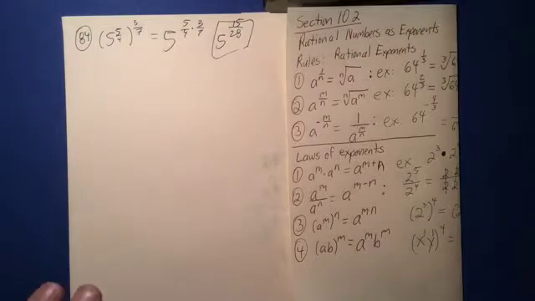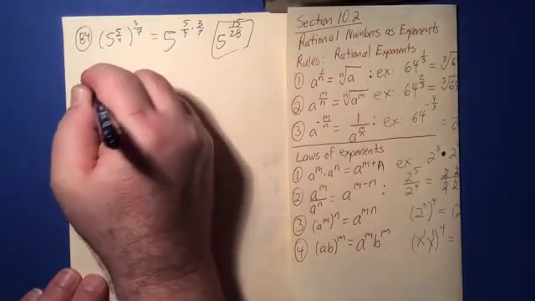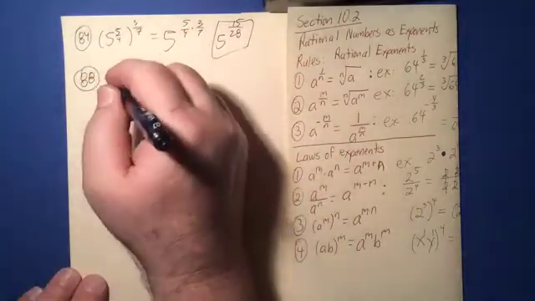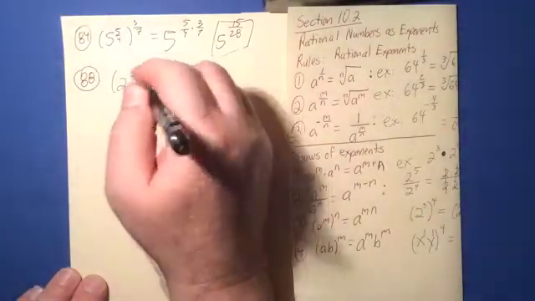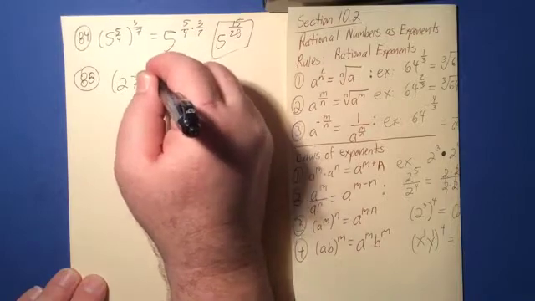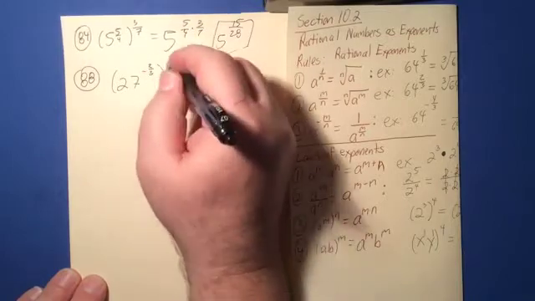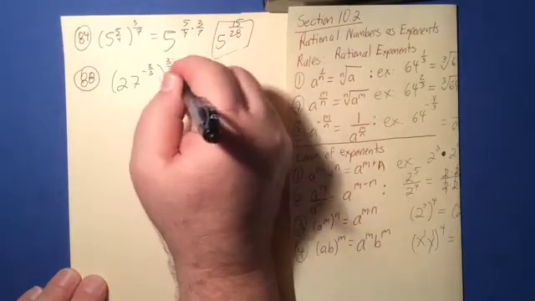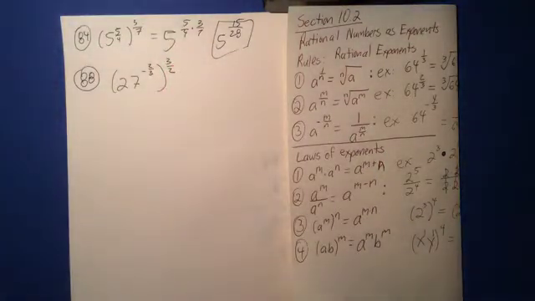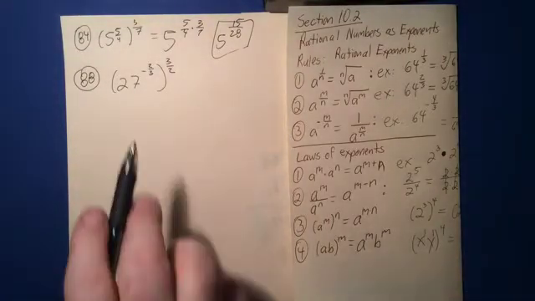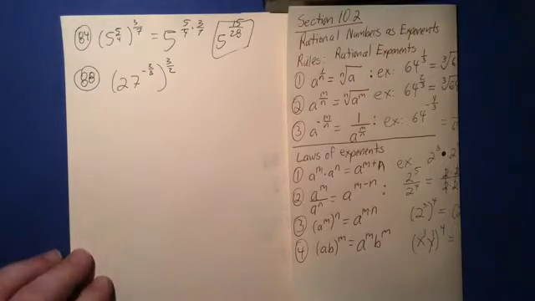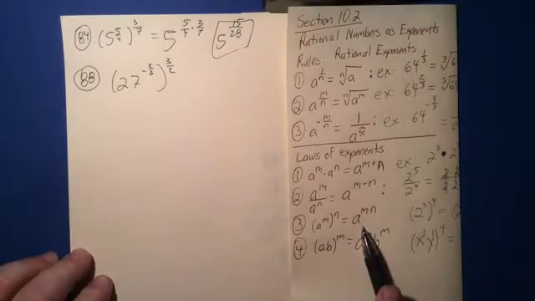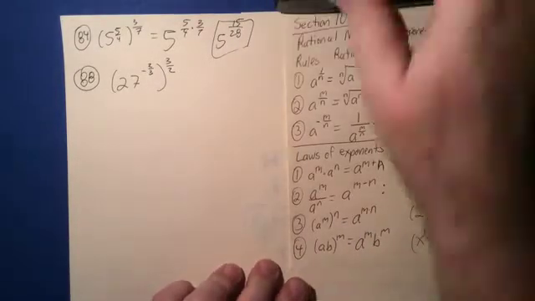Let's take a look at another problem here, where we have question 88. This is going to be 27 to the -2/3 times 3/2. Okay, so probably the best way to handle this type of question, we could try to get rid of the negative exponent first. But let's just go ahead and see if we can multiply these together. So we're going to take advantage of property 3 here and see if we can simplify this a little bit.